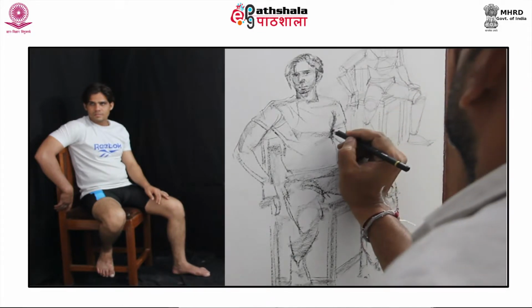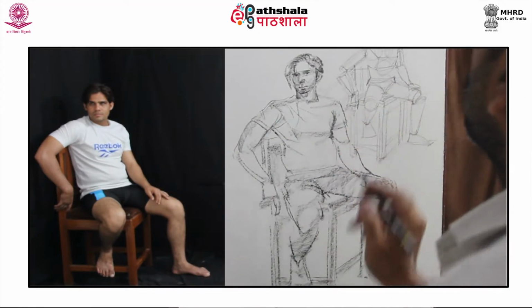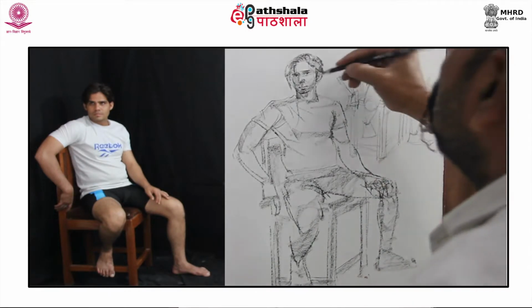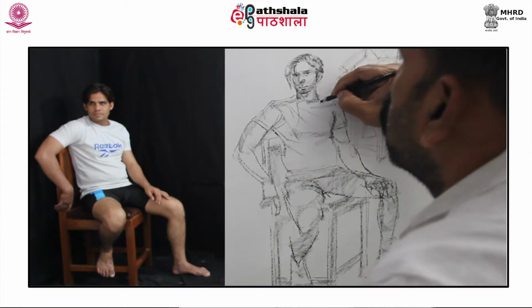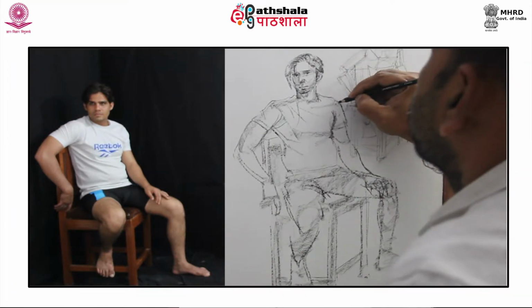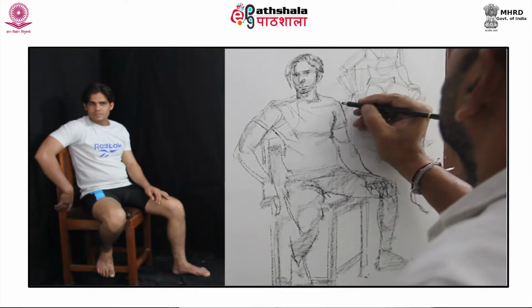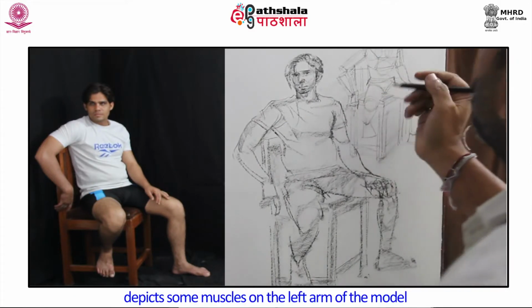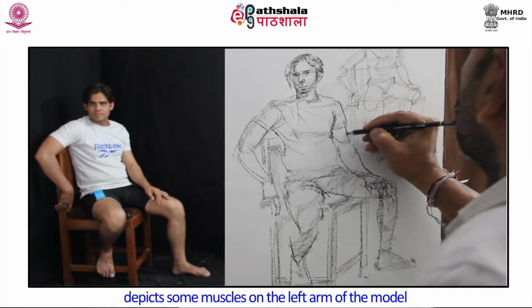Now try to bring exact shape of the folds by adding a few strokes of pencil and also repeat the exercise on the left shoulder and arm. Depict some muscles on the left arm of the model.